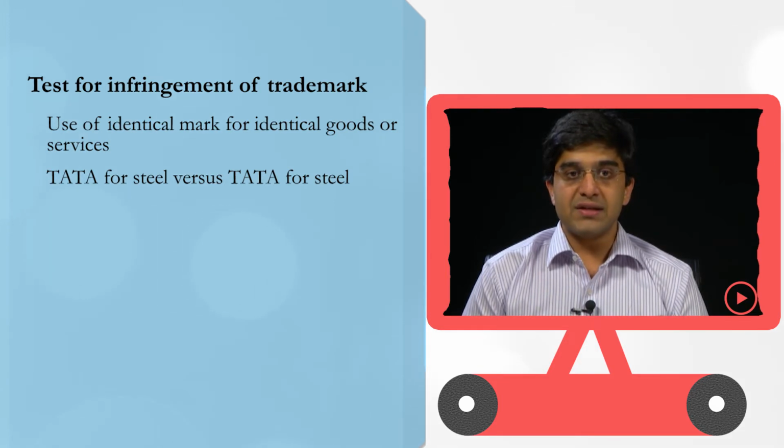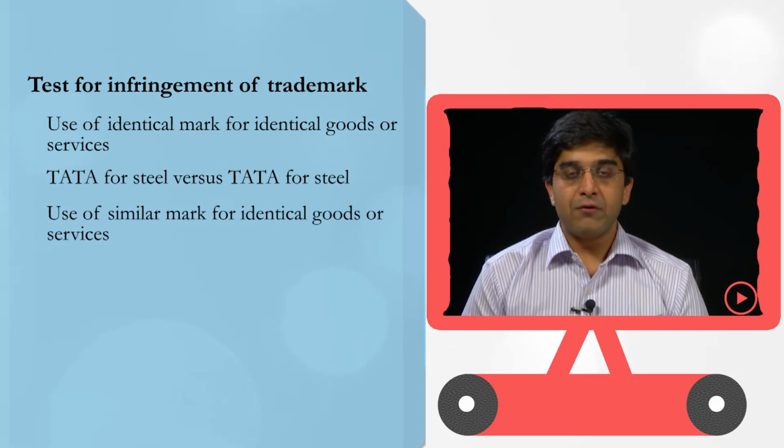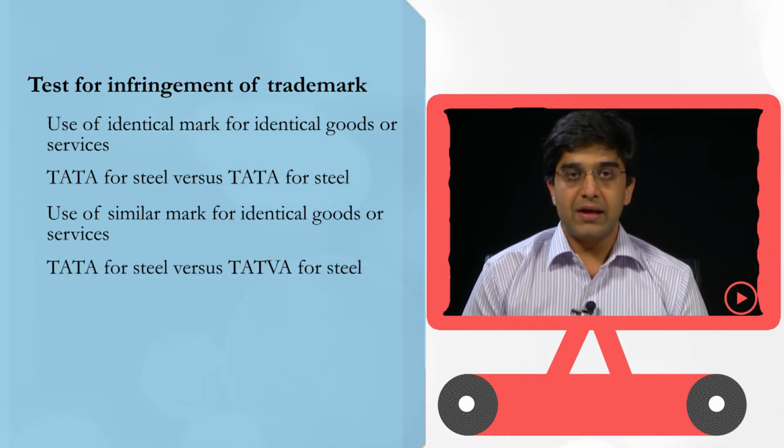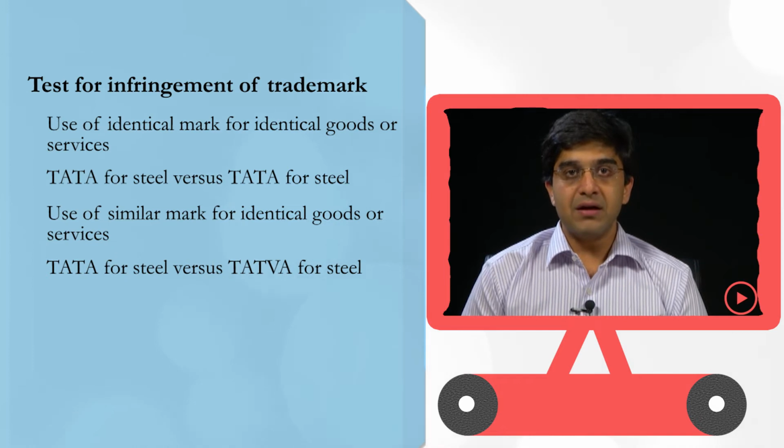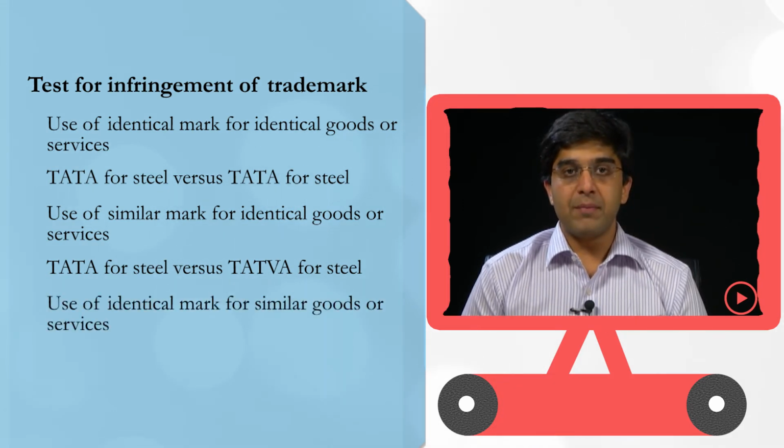The next situation is where someone uses a similar mark for identical goods or services. Again, taking the Tata example, let's say someone uses the trademark Tattva for steel. Here, the trademark is similar to the Tata trademark and the goods are identical. Third is where the use is of an identical trademark for similar goods or services. I'll take the Tata example again.